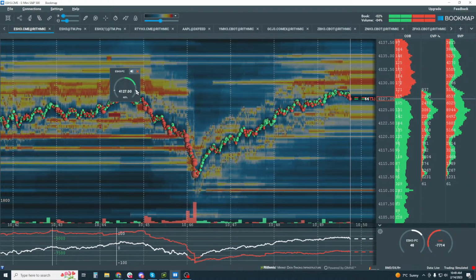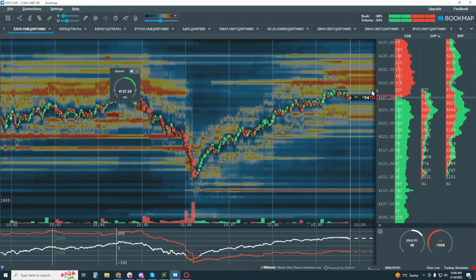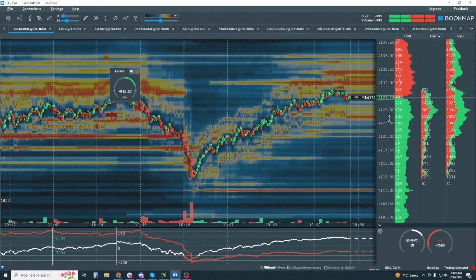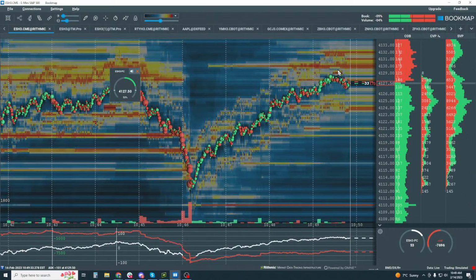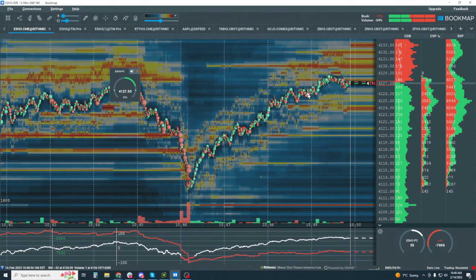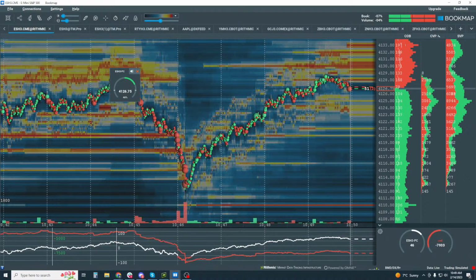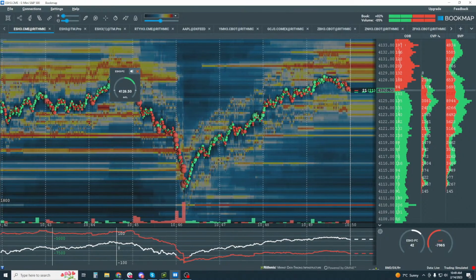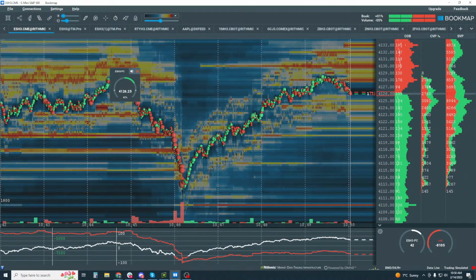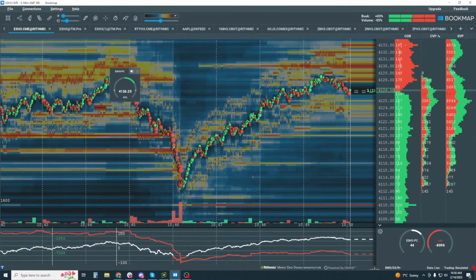It's not extreme. It's heading toward extreme though. Okay, so you could use it as a momentum tool as well. Let me get to more questions in here.